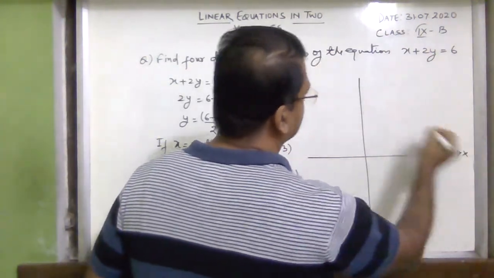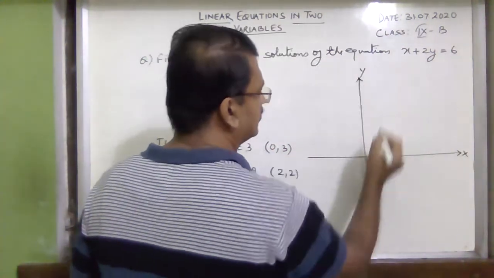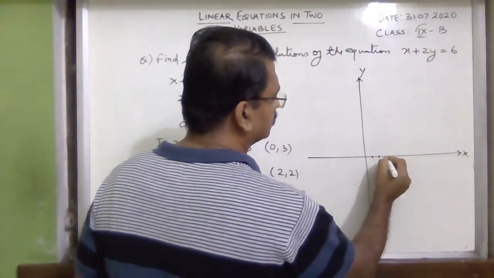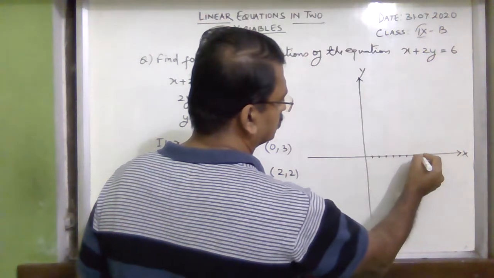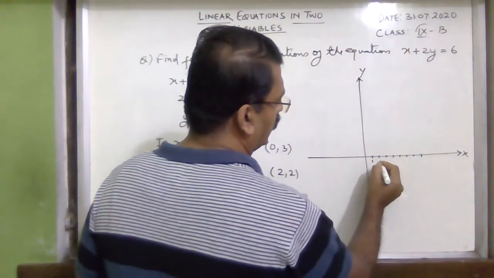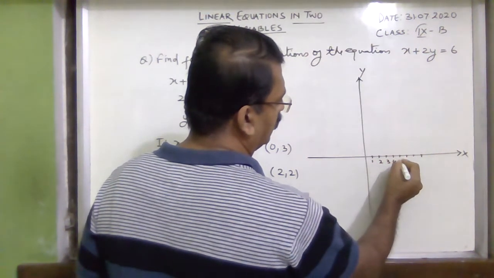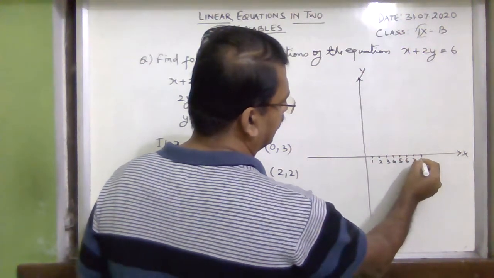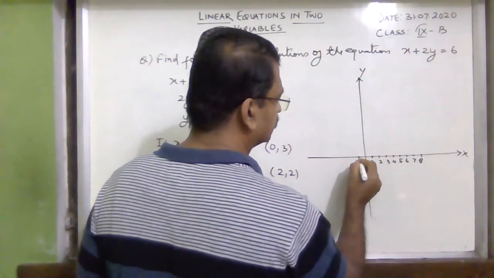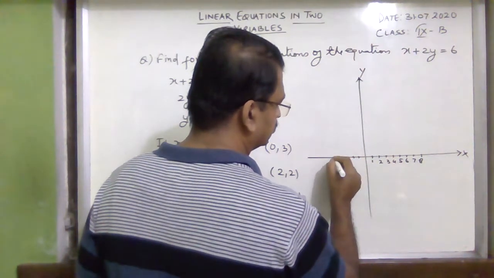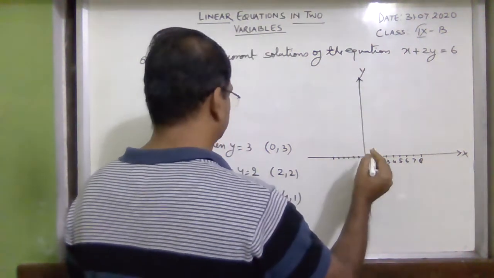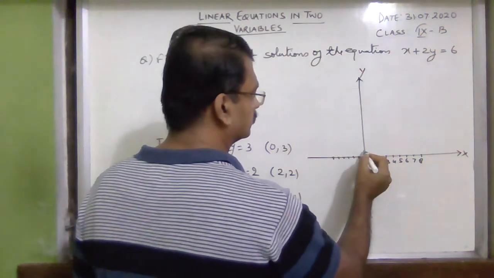This is x-axis, this is y-axis. One, 2, 3, 4, 5, 6, 7, 8. Similarly here.